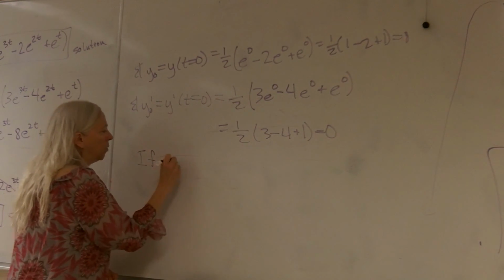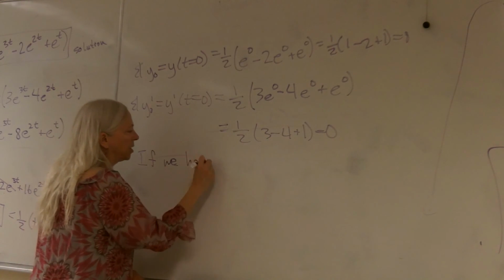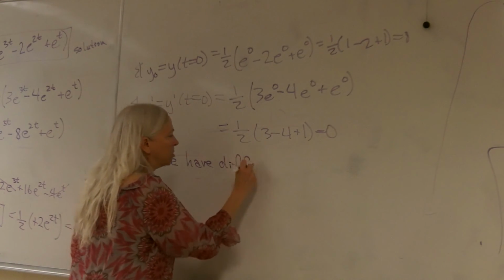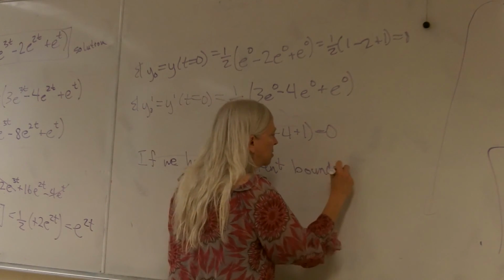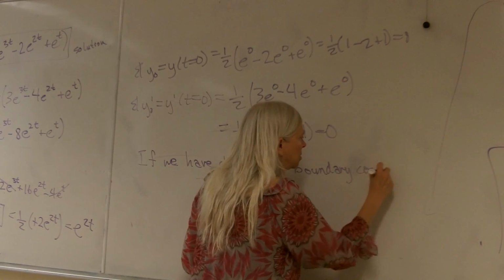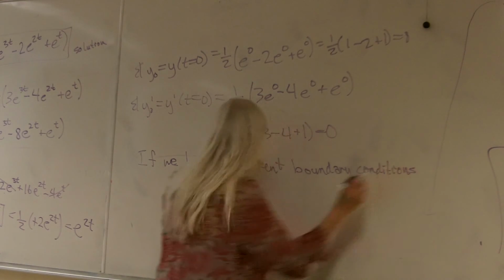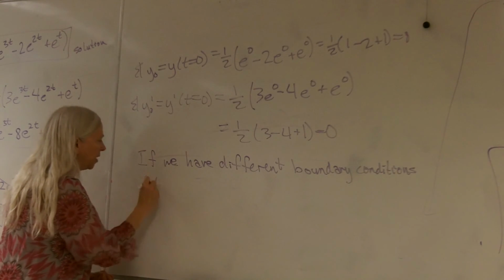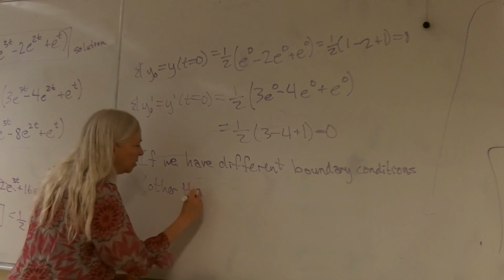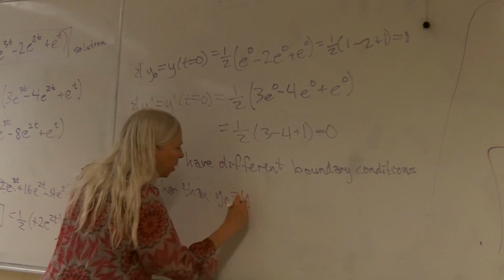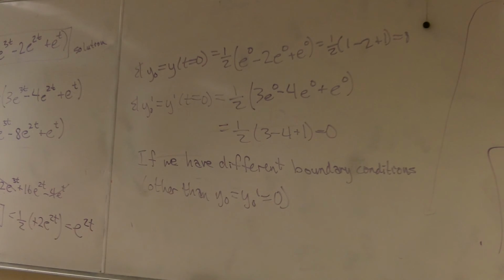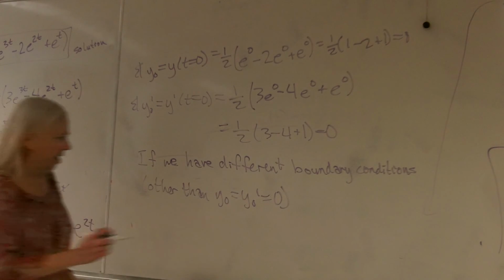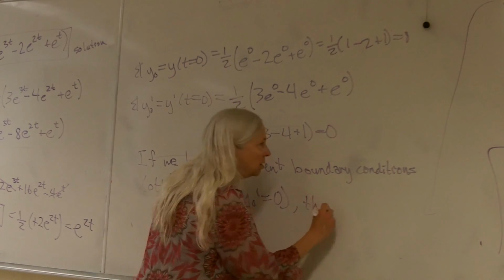If we have different boundary conditions other than those, something other than y naught and y naught prime equals 0, let's say maybe different non-zero values of these instead, then obviously there'll be a little bit of a change.